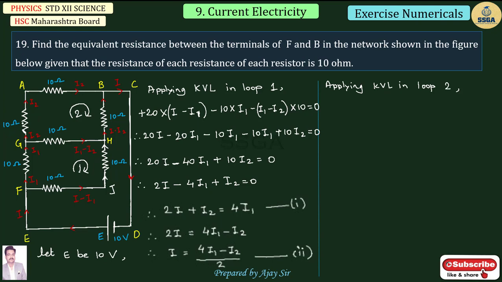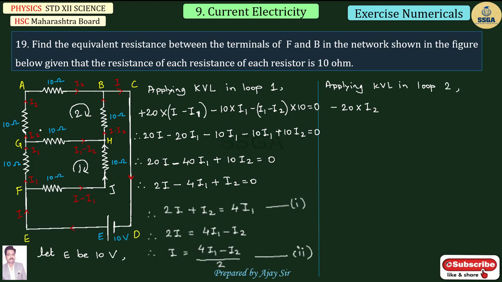Suppose the direction of tracing is from point G: G, A, B, F and G. The direction of tracing and the direction of conventional current are the same, so the potential drop, the voltage between points G and B, is negative. So this is minus 20 into I2. This is the potential drop.